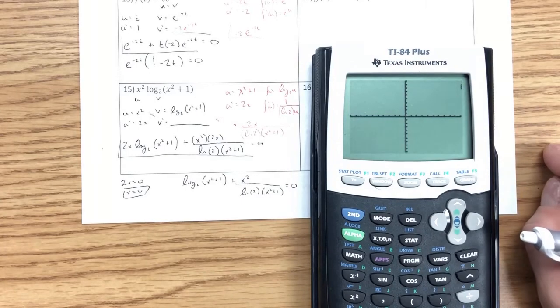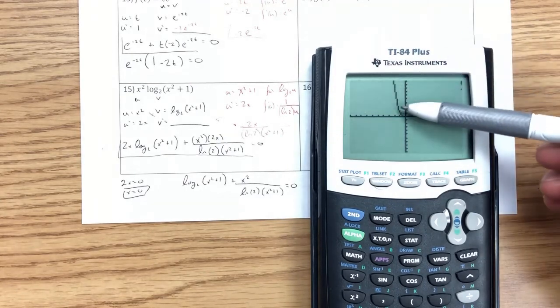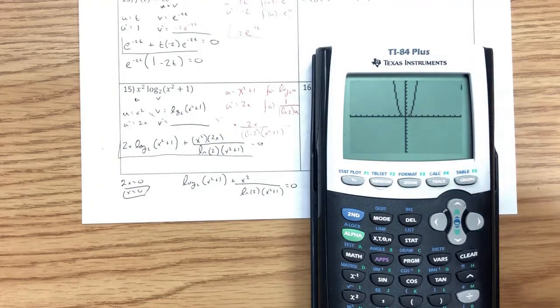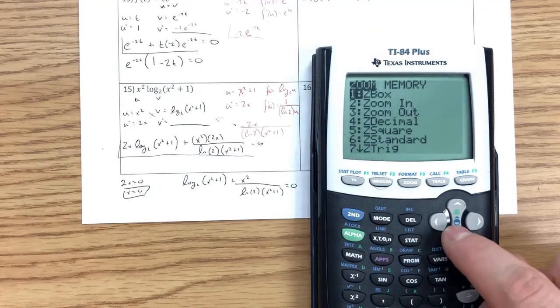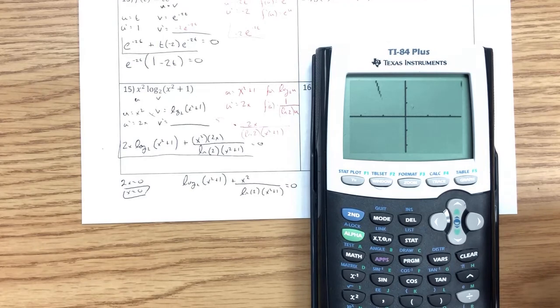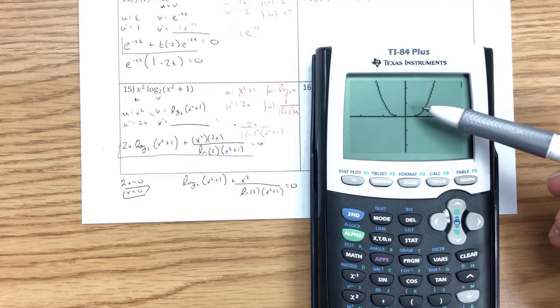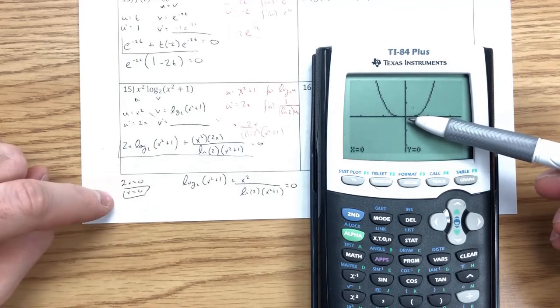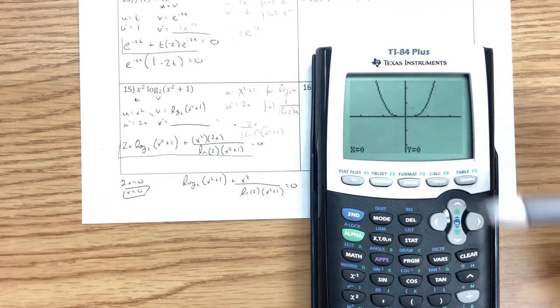Take a look at the graph. What I notice is that my graph comes nice down right here. I'm going to zoom in on that point just to make sure. Yep. And so I've already got my critical value of 0.